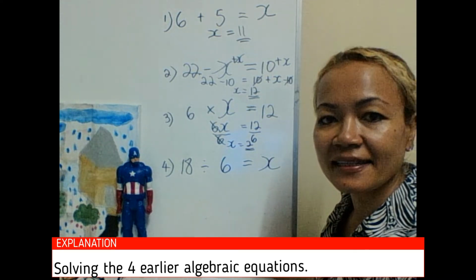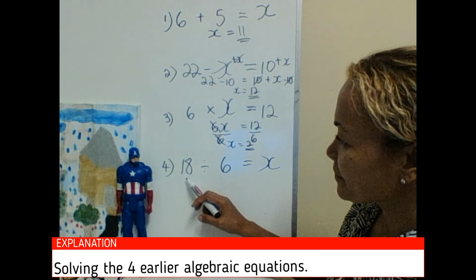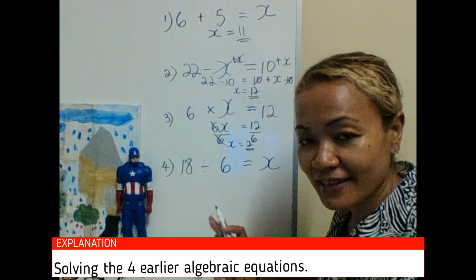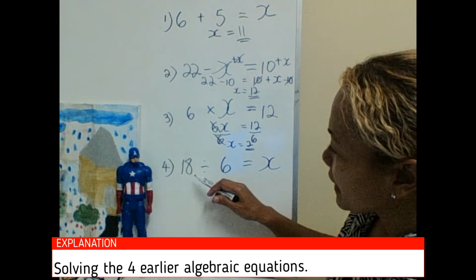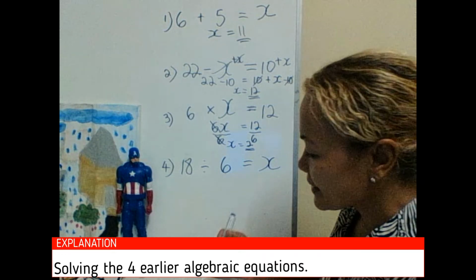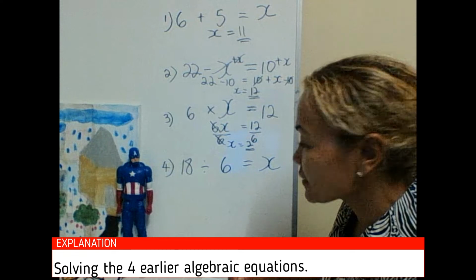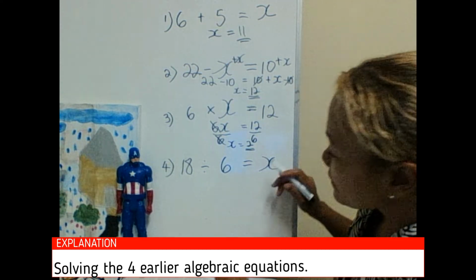So that's the answer there. Now over here, mind you, this is the third time I'm showing you these same answers, but just showing you a different way of getting to the answer. Now 18 divided by 6 is 3 from your times table. So here it's fairly simple.